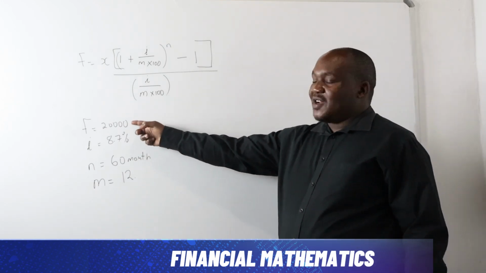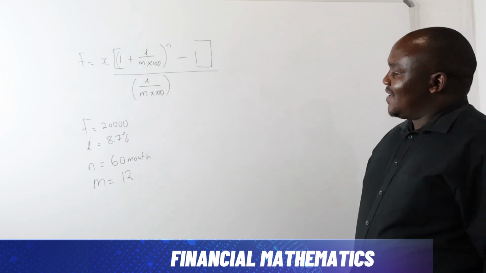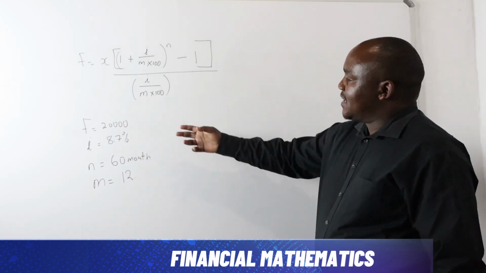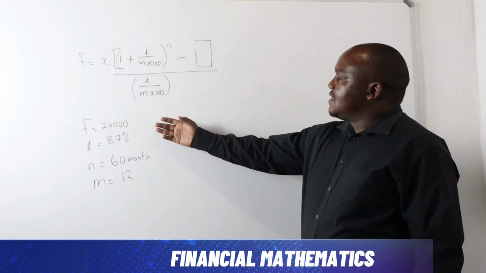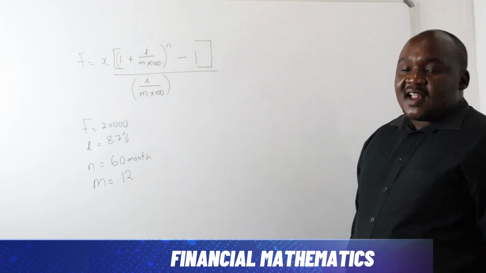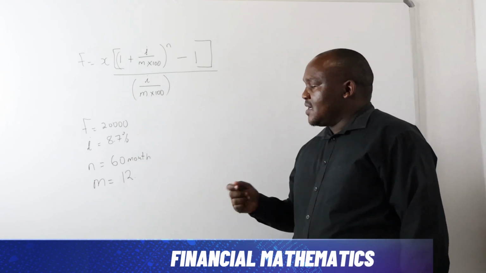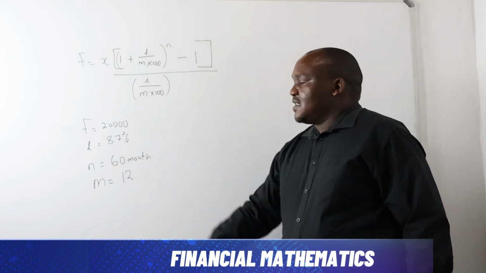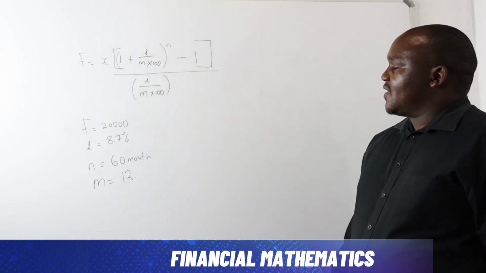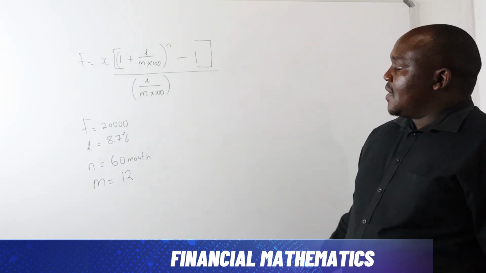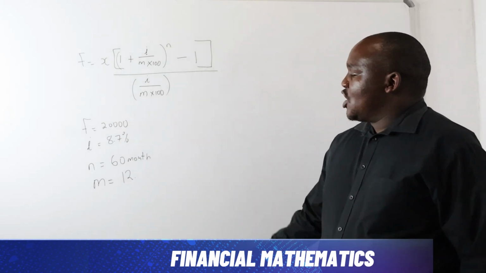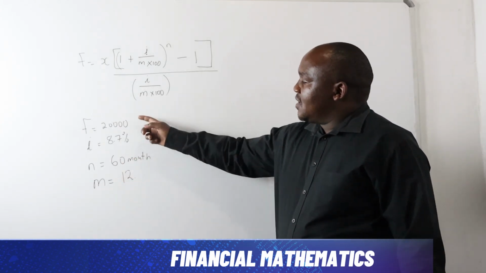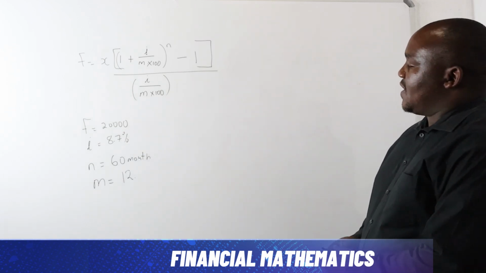I really wish I could afford a laptop of this value. This is an extremely expensive laptop, but let's do the calculation. Let's solve the value of X, which is the value that he must continuously deposit into his bank account and receive the interest rate of 8.7% per annum over this period of 60 months, and with a monthly compound, so that he can reach this value.